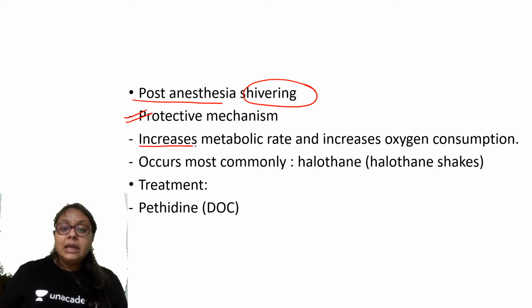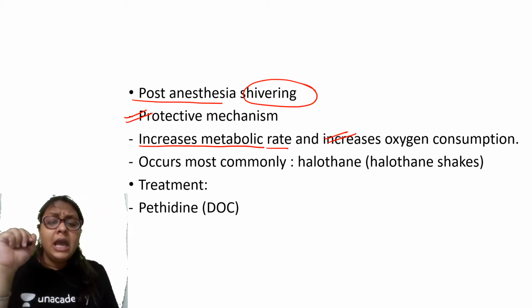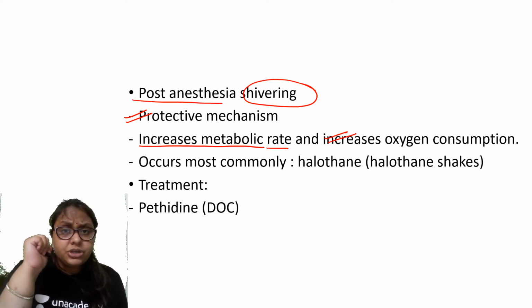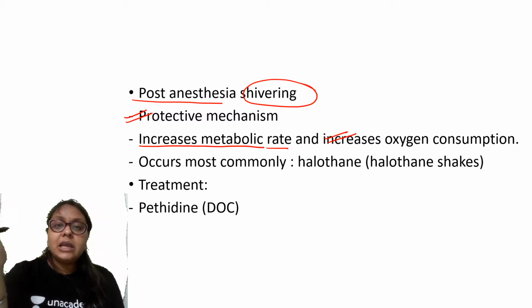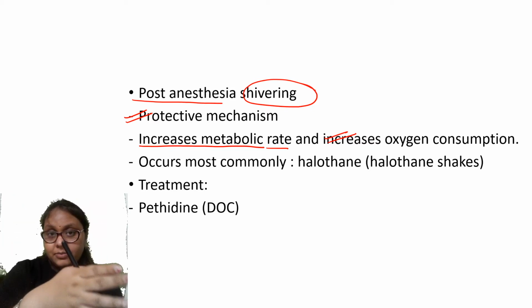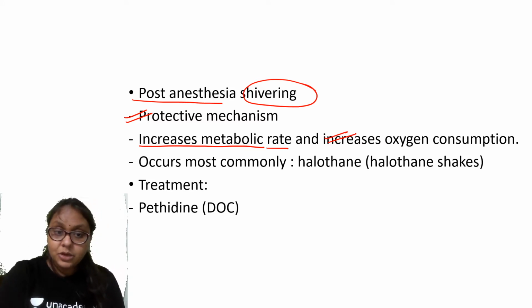It increases the metabolic rate and increases oxygen consumption, and whenever we see a patient shivering, we give oxygen supplementation. Why is it so? Because shivering increases the metabolic rate and the oxygen consumption, so we have to supplement oxygen.